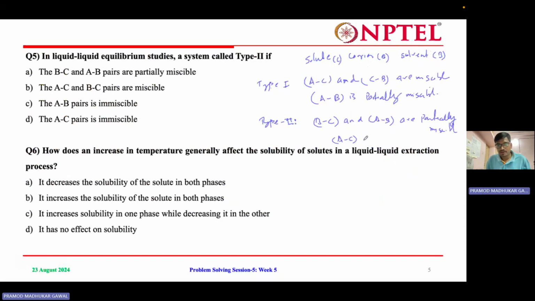A to C are miscible in all proportions. So this option is correct. So BC and AB pairs are partially miscible in type 2 systems.